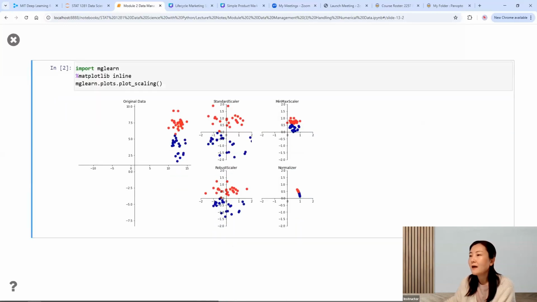Let's take a look at this plot to compare these 4 scalers. This is the original data, 2-dimensional, x1 and x2. x1 is between 10 and 15 originally, and x2 is between 0 and 10, so in this kind of rectangular region.